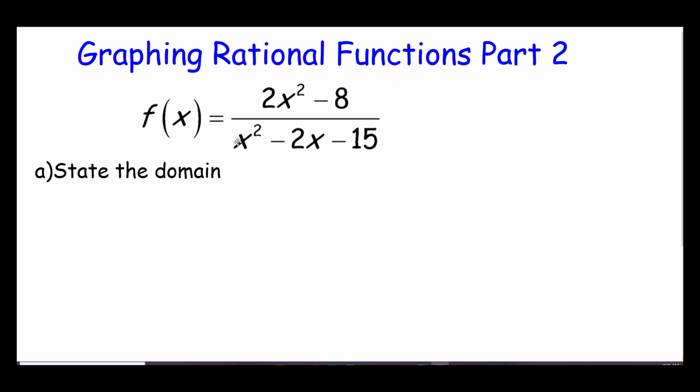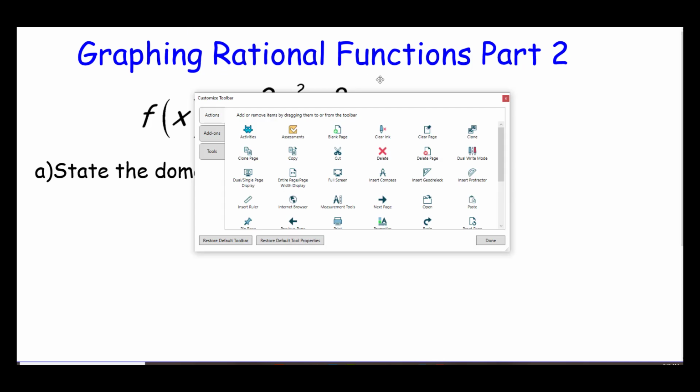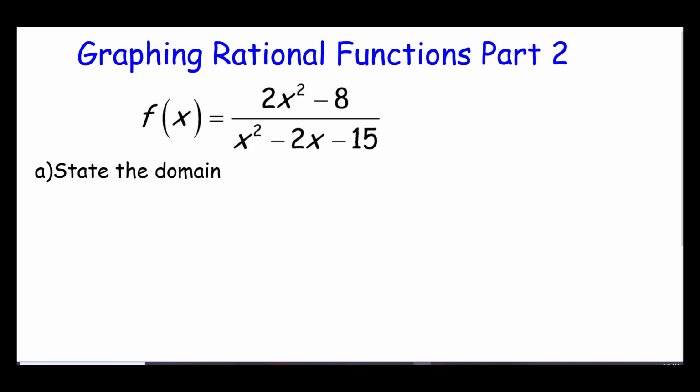State the domain. Remember, we set the denominator equal to 0 and solve for x. So that's what I'm going to do here. I'm going to say x squared minus 2x minus 15 equals 0, and I'm going to go ahead and factor this because it's a function that needs to be factored.